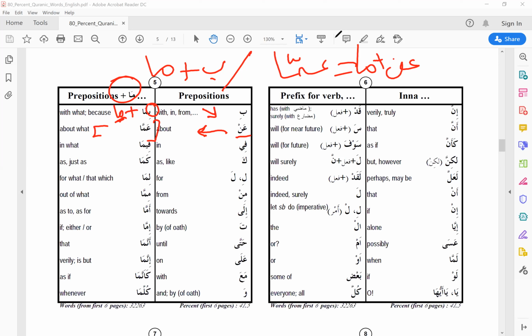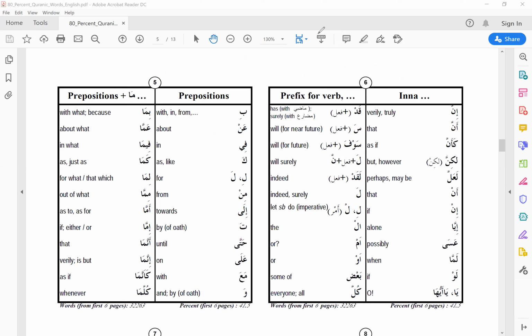And fima is composed of two different words, which is the fi and the ma. So let's do it right there. We're going to do fi plus ma. If fi means in, I'm adding a ma to it. In what? Ka means a similitude.